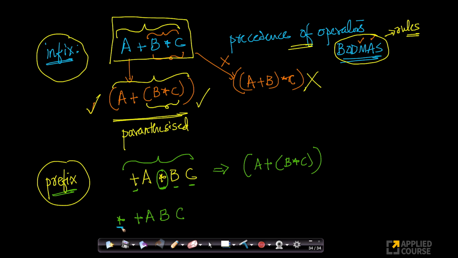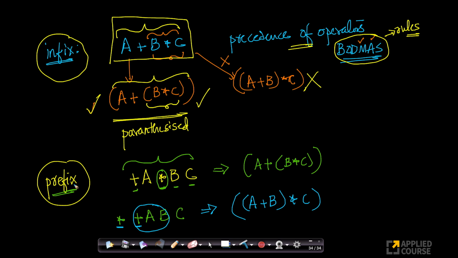I have an operator here. This operator says A and B must be first added. So A plus B, right? And then there is a multiplication here. So the resultant of this is now to be multiplied with C.